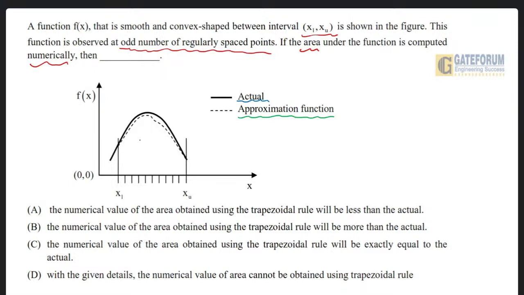The dotted curve is below the thick curve. The numerical value of this dotted curve function is evaluated by the trapezoidal rule. So that's why the trapezoidal rule value is less than the exact value of the integral. So what is your answer? The numerical value of the area obtained using the trapezoidal rule will be less than the actual. Accordingly, the option is A. This is the end of the question.